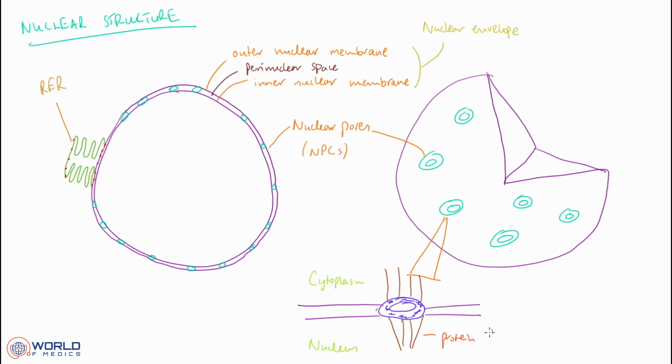Their purpose is, any molecule which is inside the nucleus and needs to exit, these protein fibrils recognize it through a complex series of mechanisms and take it into the nuclear pore and then out into the cytoplasm. So these will be large molecules which are going through an active process and either leaving or entering the nucleus, whereas small molecules will just passively diffuse in and out.